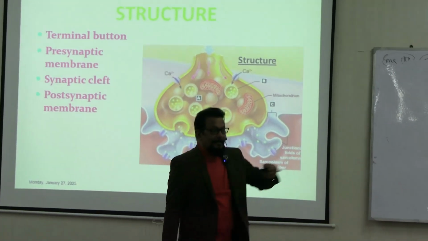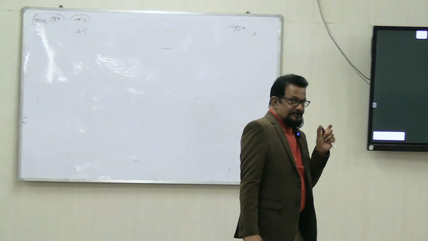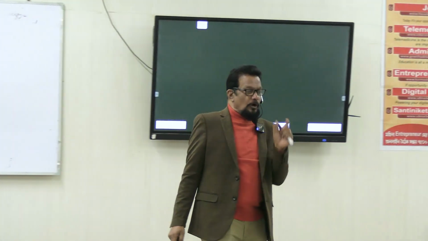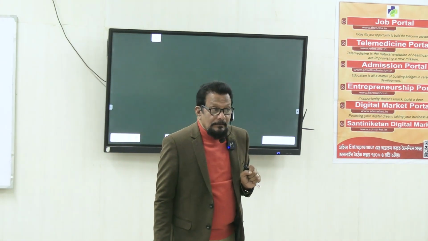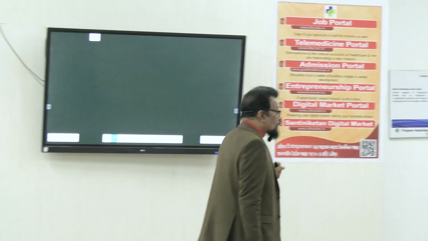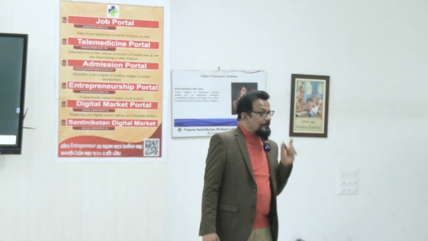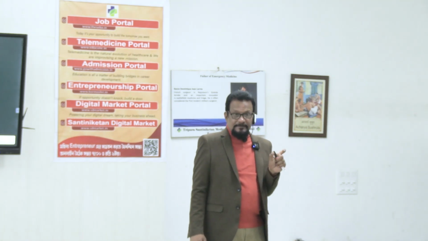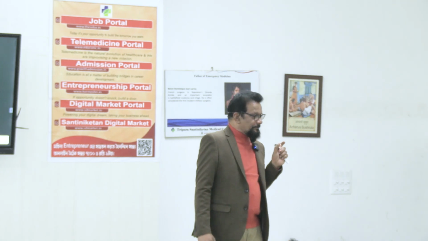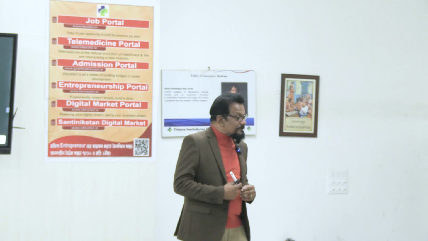Within this presynaptic membrane, there is an area we call the active zone. Also called dense bodies. Remember this: active zone and dense bodies are synonymous. What is their function?